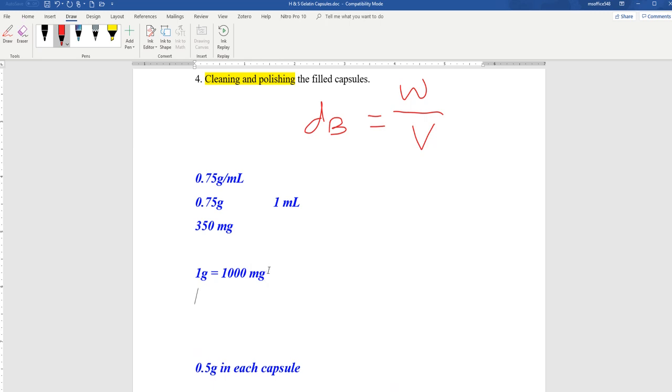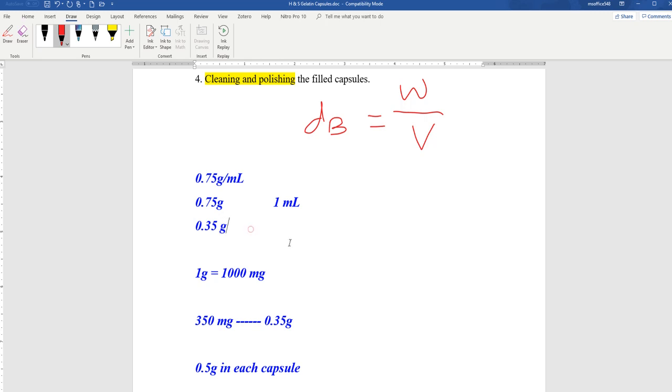So if I have 350 milligram, that will be how many gram? It will be divided by 1000, then you will get 0.35 or 0.350 gram.